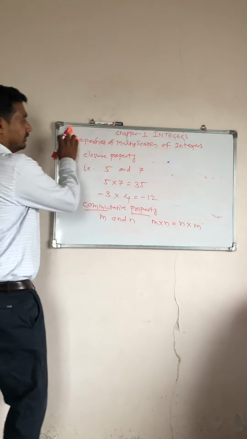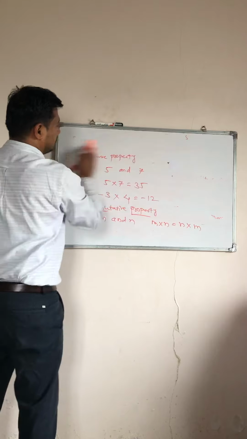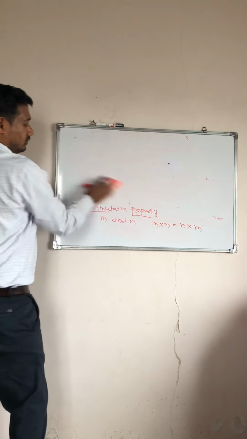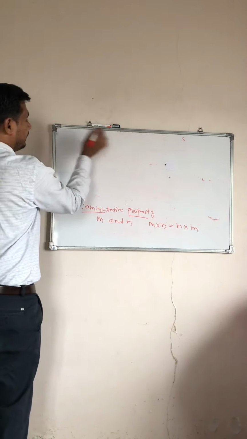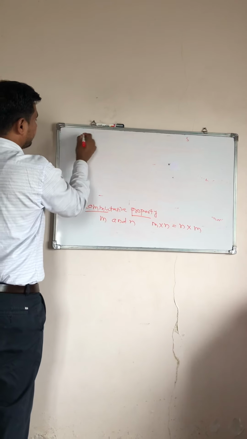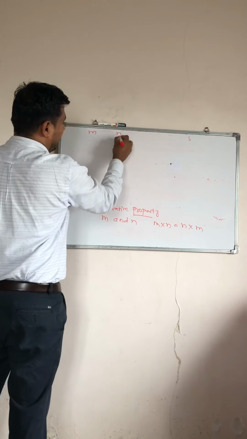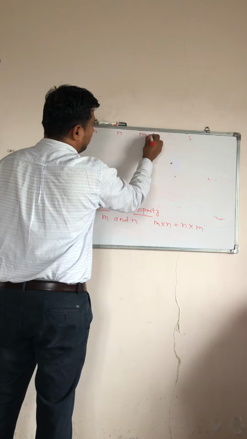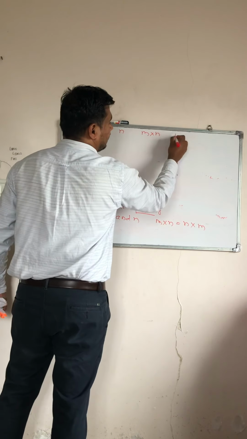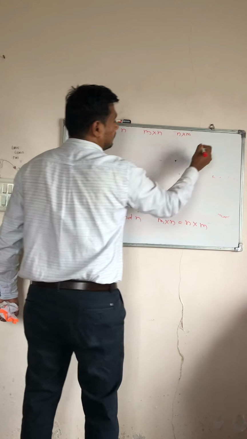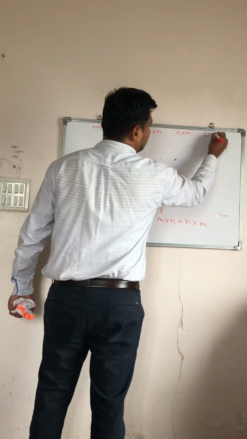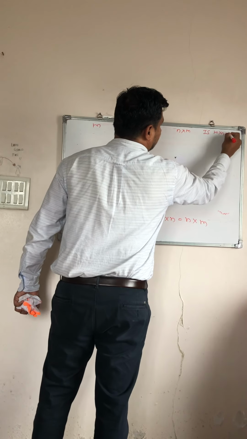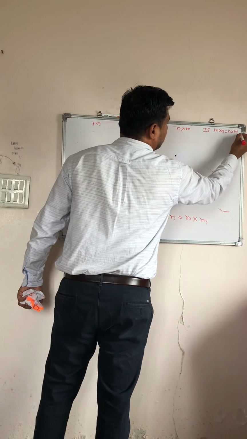For example, I will prepare one table. This is m, this is n, then m multiplied by n, then n multiplied by m, then is m multiplied by n equal to n multiplied by m?